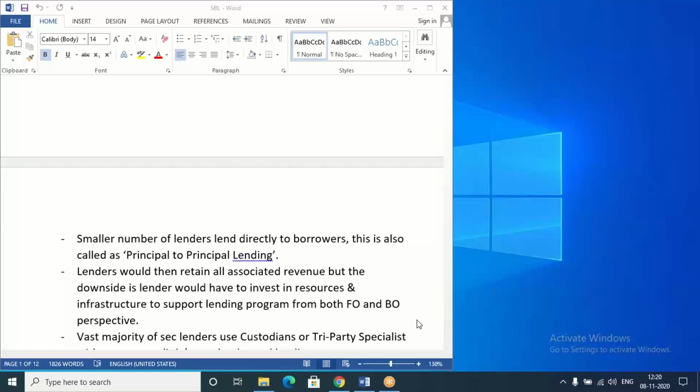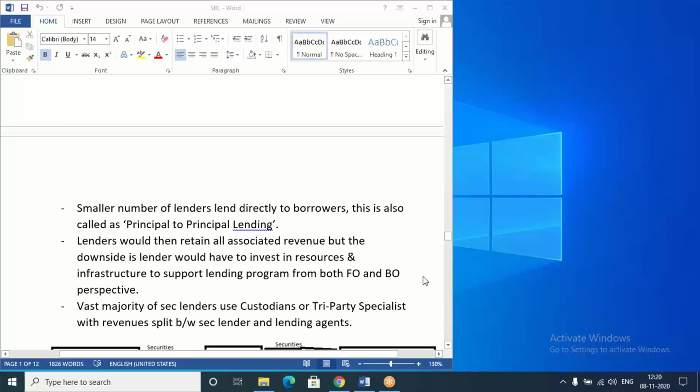Is this understood by people? Yes. The other side is, if the lender doesn't want the headache of setting up an infrastructure, he might use a securities lending agent, which is set up in two ways: you have custodians and you have tri-party specialists.